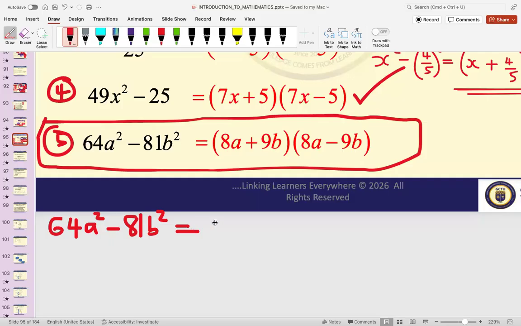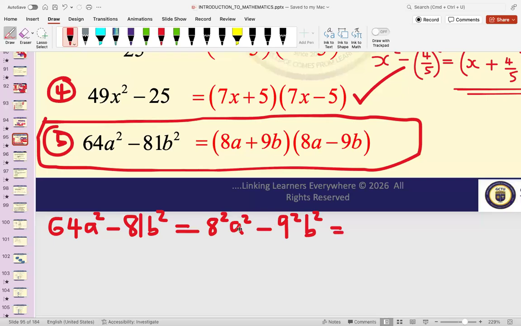64 is the same as 8 squared. So we change it. We bring our a squared. Minus 81 is the same as 9 squared. Then we bring our b squared.